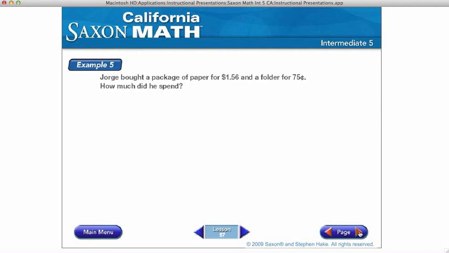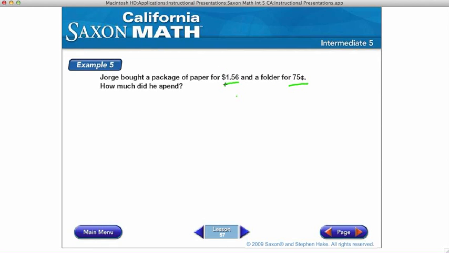Jorge bought a package of paper for $1.56 and a folder for 75 cents. How much did he spend? Well, when we have money, we need to make sure that they are in the same form. So we either need to use the cent sign or we need to use the dollar and the decimal point.